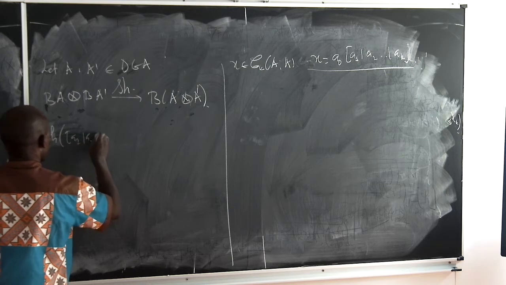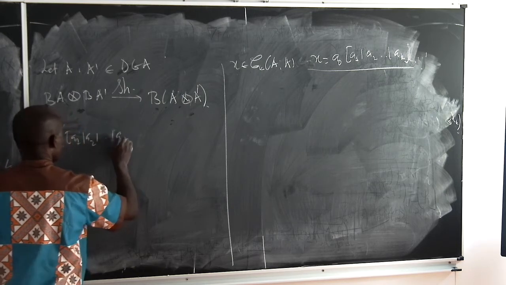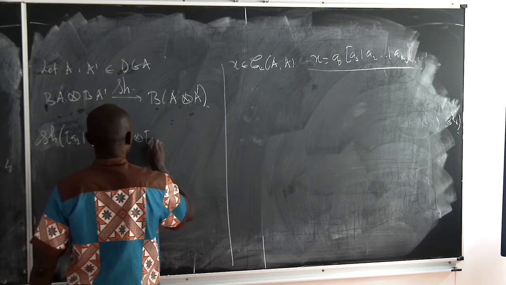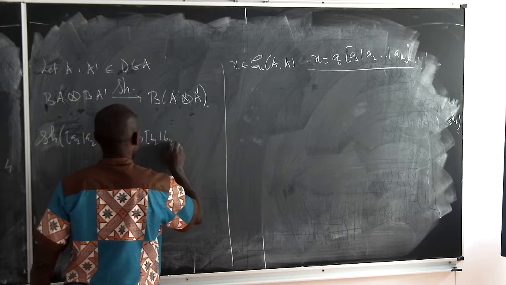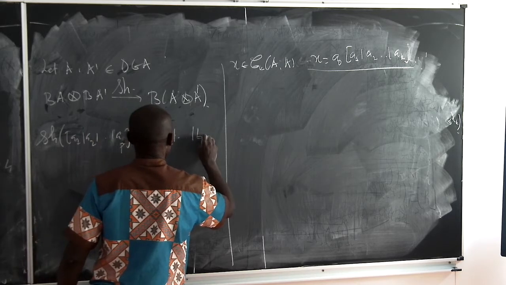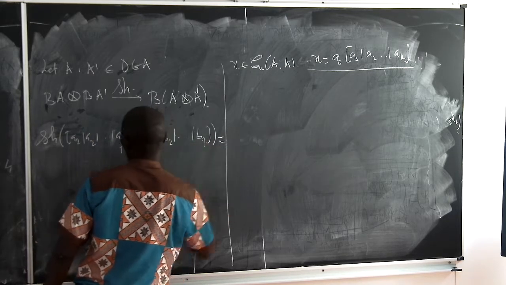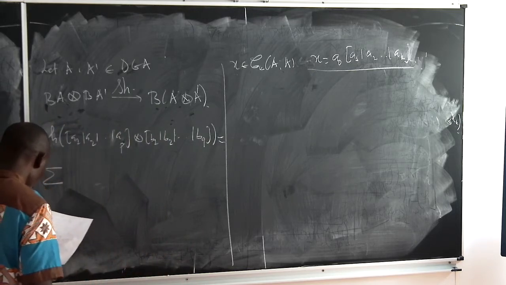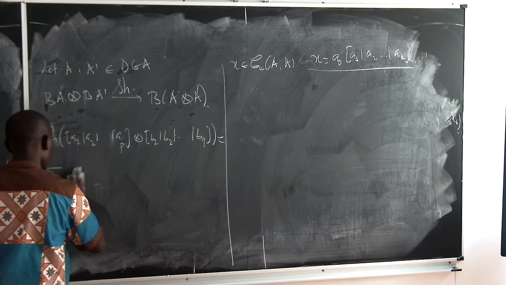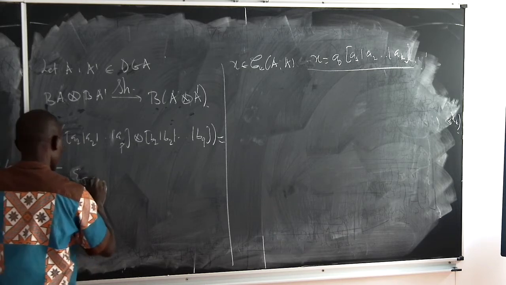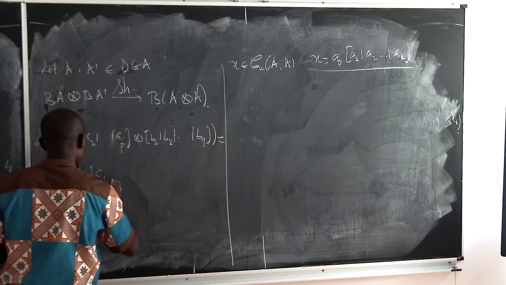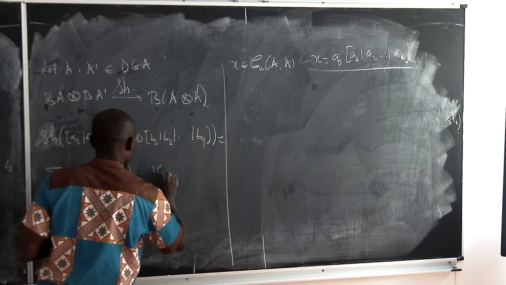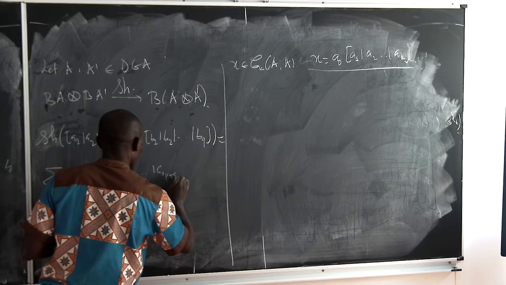A1, A2, up to AP, tensor B1, B2, up to BQ equal to the summation of epsilon sigma times sigma applied to C1, CI1, CI2, up to CI(P plus Q).